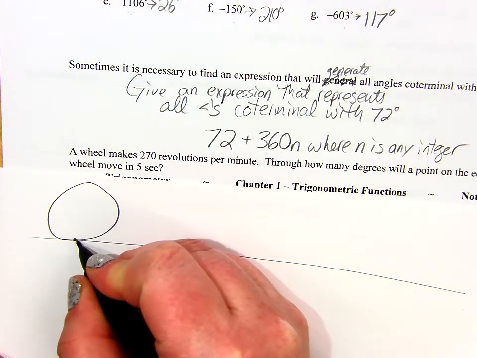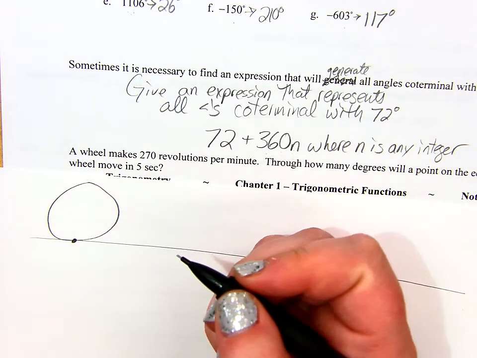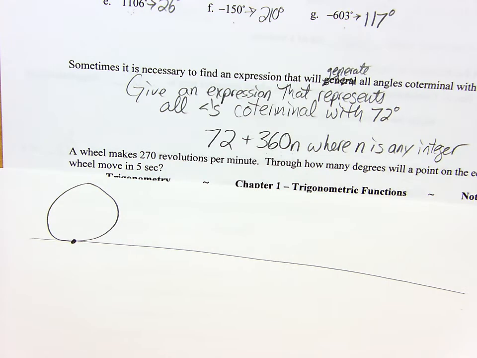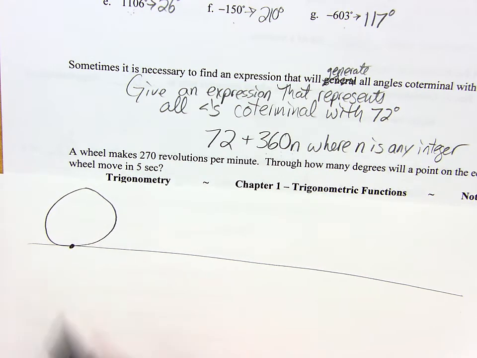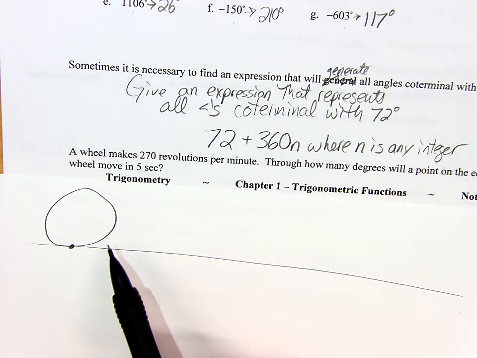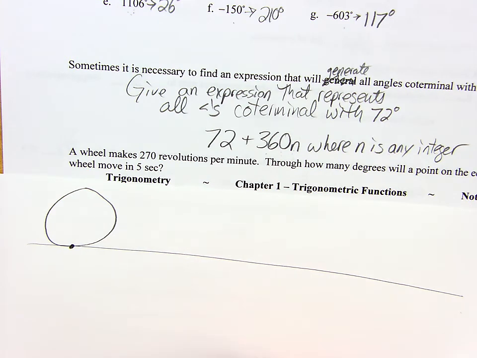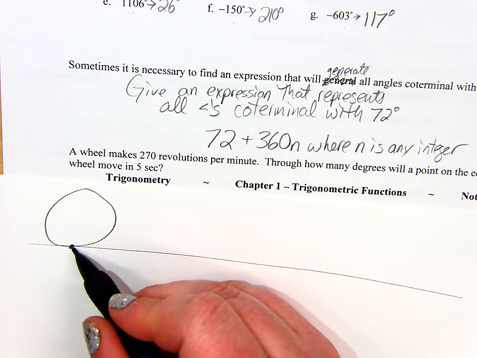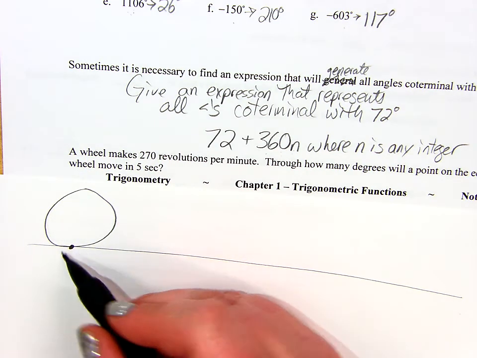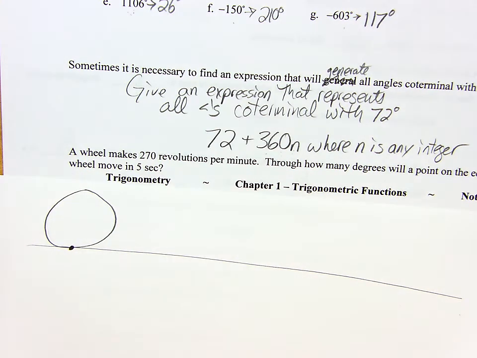Let's just assume it's the point that's touching the bottom right now. This wheel is going to turn, so it's going to move 270 times in a full minute. It's going to spin around. I want to know, how far does this point move in 5 seconds? So in 5 seconds, where will this point now be?